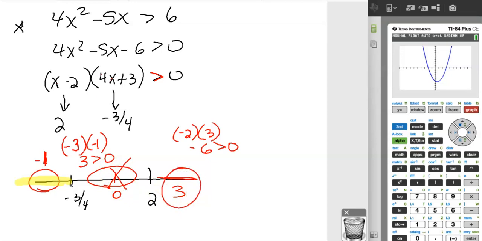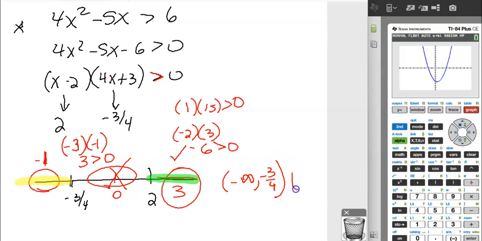If I put 3 in, I'm going to get 1, and put 3 in, I'm going to get 15. And notice when I multiply that together, it's greater than 0, so this section works as well. So both of those sections will work. So literally negative infinity all the way to negative 3/4 will work, but so will 3 all the way to infinity.